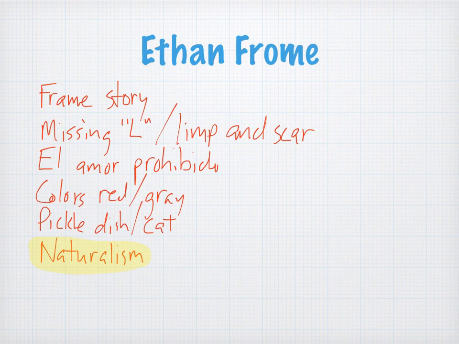And then I've highlighted here the word naturalism. Naturalism is a philosophy, and this was a very big literary movement in the late 1800s and the early 1900s. It is the philosophy that your environment is deterministic, that we are all victims of factors beyond our control, that you cannot rise up out of your circumstances, that you are really going to be determined by your socioeconomics and the matter-of-fact surroundings of your life.